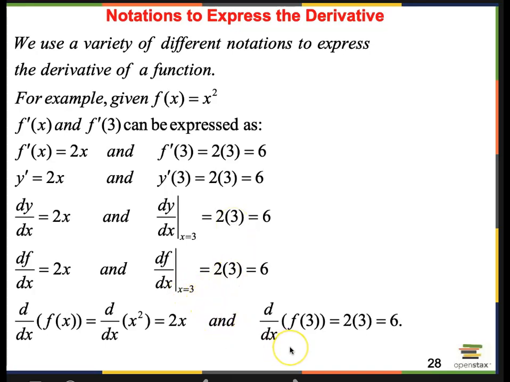So these are just different notations and some notions of a derivative. It's a rate of change. It can be a marginal profit, marginal cost. Those are all derivatives, and so those are different notions of derivatives out there.